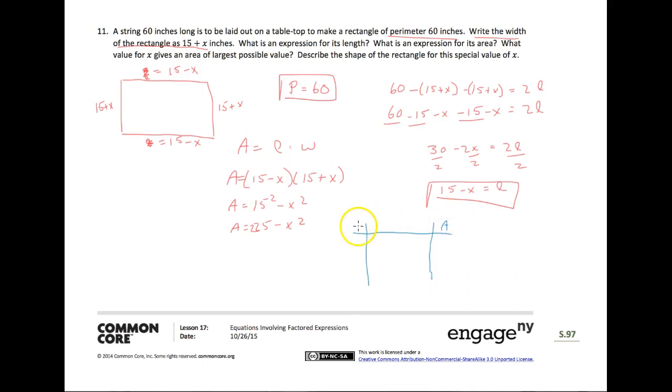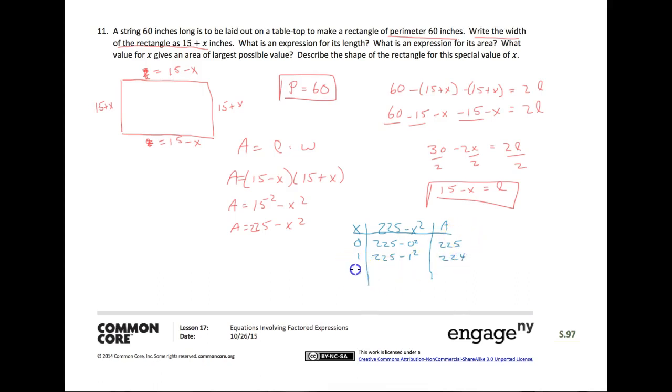And we know that it's going to be based on x, and the area is 225 minus x squared. Well, let's let x be 0. If x is 0, it's 225 minus 0 squared is 225. And very quickly, 225 minus 1 squared, that's 224.